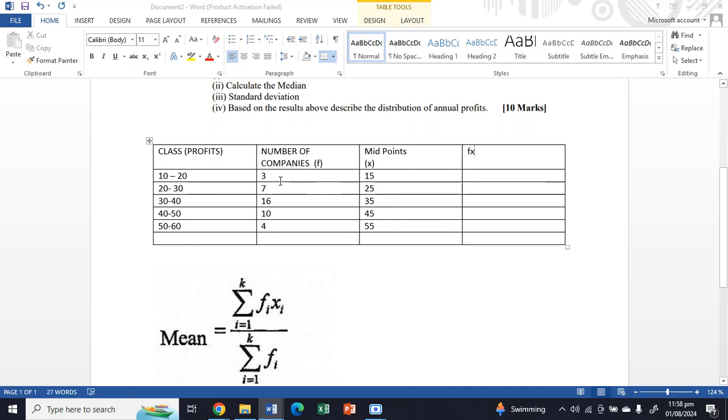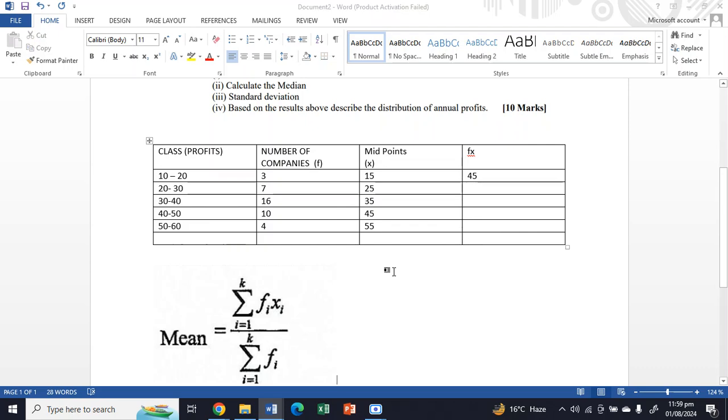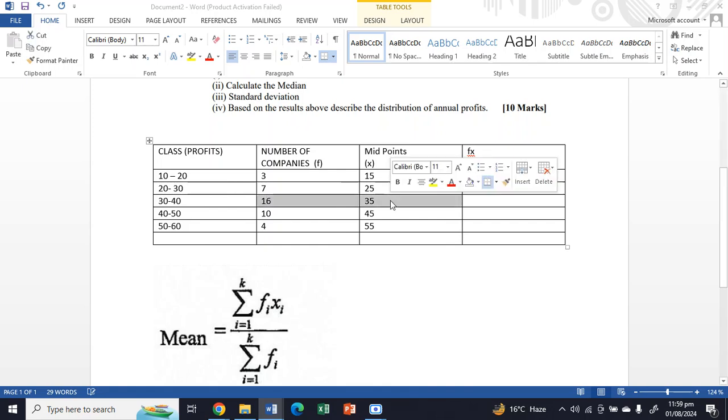So let's get our calculators, colleagues. 3 times 15, 7 times 25, 16 times 35, 10 times 45, that's 450. 4 times 55.